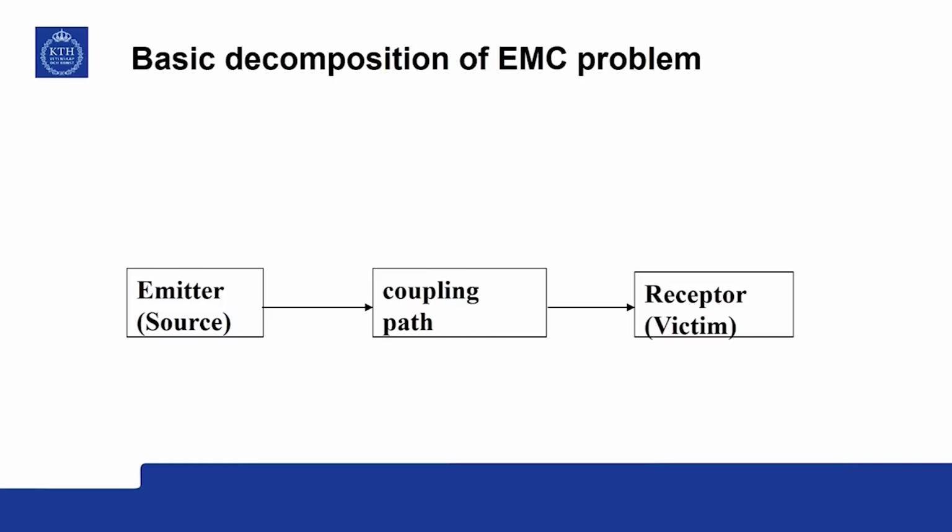Is it conduction? Is it through radiation? If it is conduction, through which kind of wires or cables between the systems? Once you really understand the problem and all the pathways, it is easier to design solutions for it. So, the ability to decompose an EMC problem into these three categories is very important, and this is where most of the time will be spent by an EMC engineer.